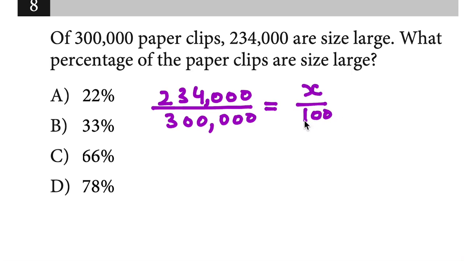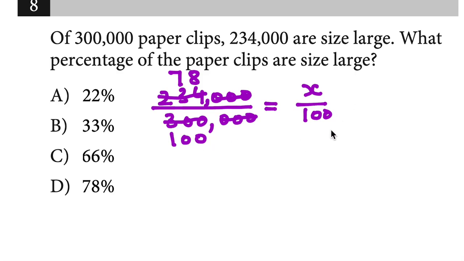These are equivalent ratios, right? So 3 zeros are cancelled with 3 zeros, and if we divide by 3, 3 sevens are 21 and 3 eights are 24, so 78 by 100.